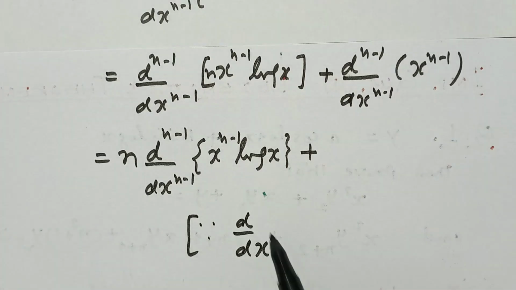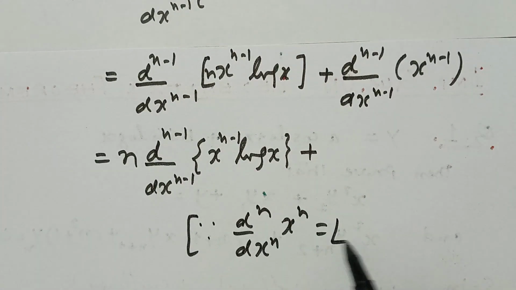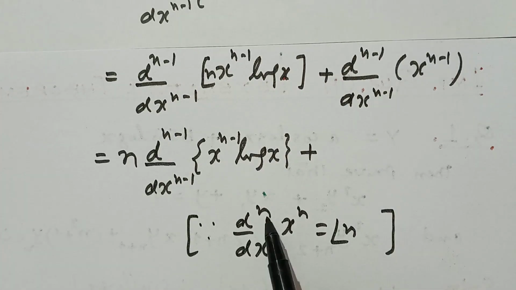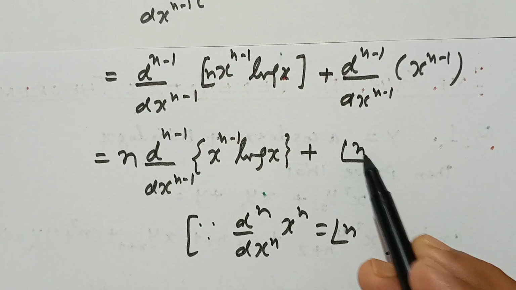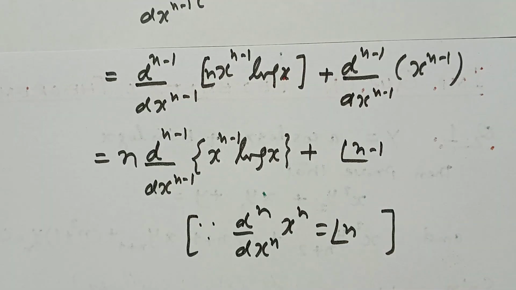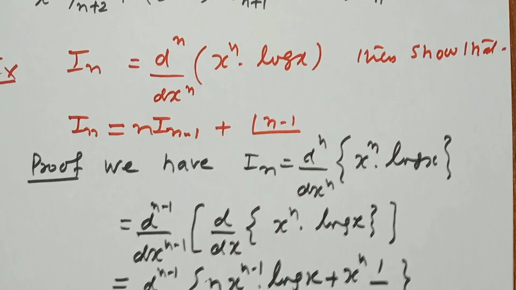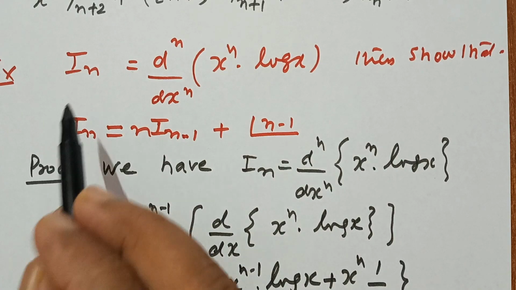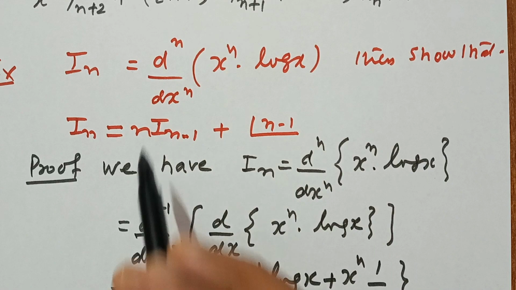If you have d^n/dx^n of x^n, it is equal to factorial n. Similarly, if here it is n minus 1, then this is factorial n minus 1. Now this is very easy. You see the given question: the notation here is d^n/dx^n.